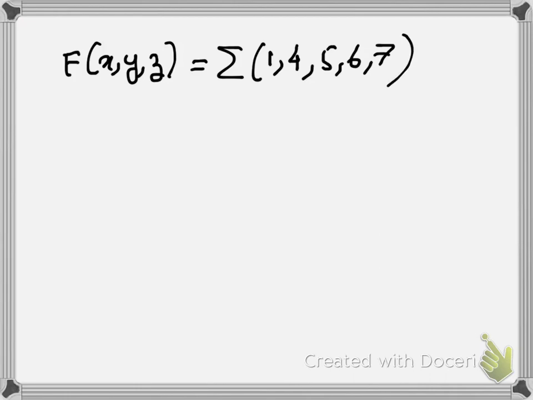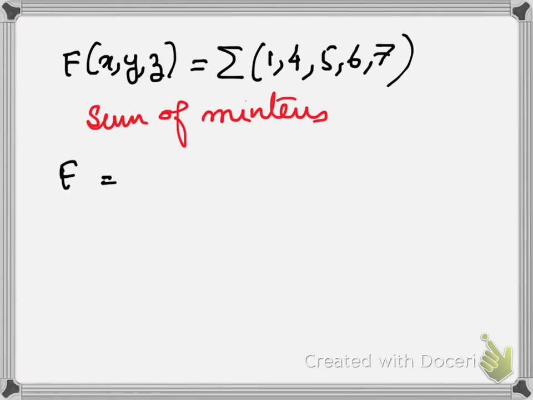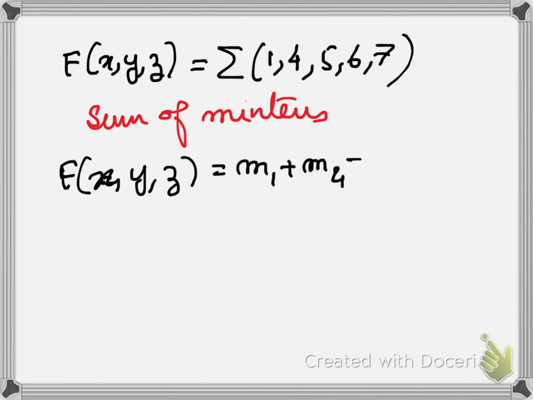So this is the function, written in sum of products or sum of min terms format. So this can be written as f(x, y, z) as m1 plus m4 plus m5 plus m6 plus m7.